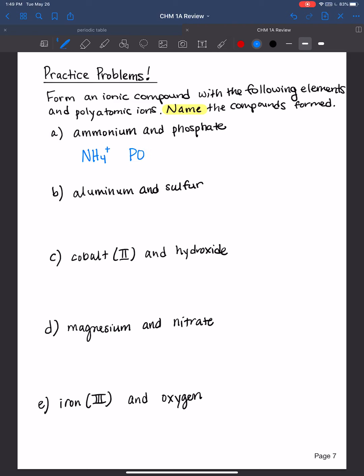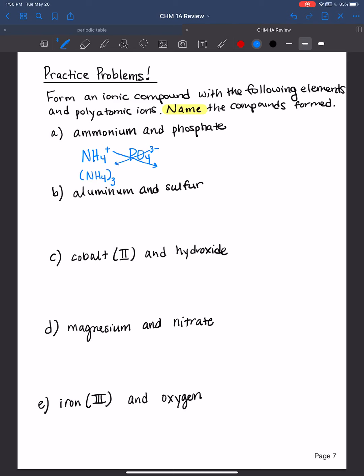Phosphate is PO4 3-. Now, a trick to writing the correct formula is to do the crisscross rule. So, for example, you can put the 3 down here, so it goes crisscross here.